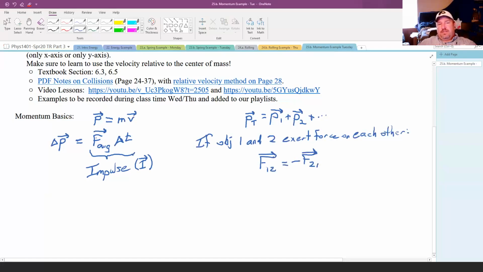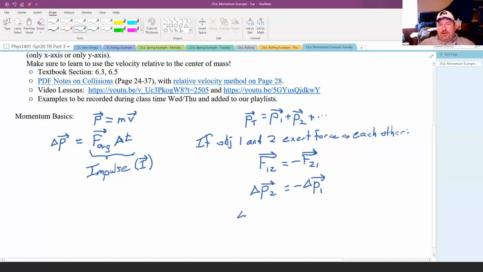Well, if we just multiply both sides by delta T, that means that delta P2 is equal to minus delta P1. So this force that's exerted between 2 objects takes momentum from one object, takes it away as a minus, and gives it to the other object. Every force involves an exchange of momentum between 2 objects.